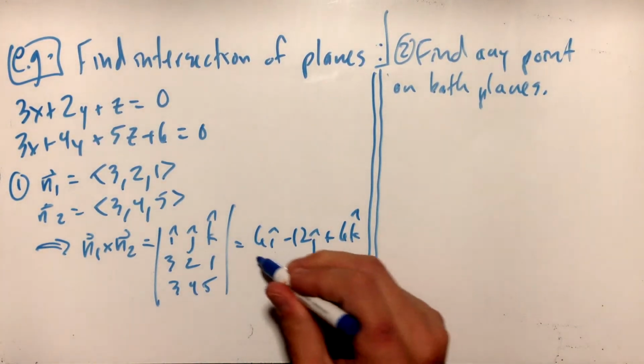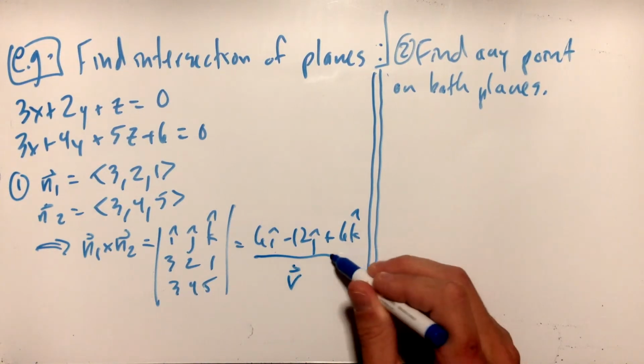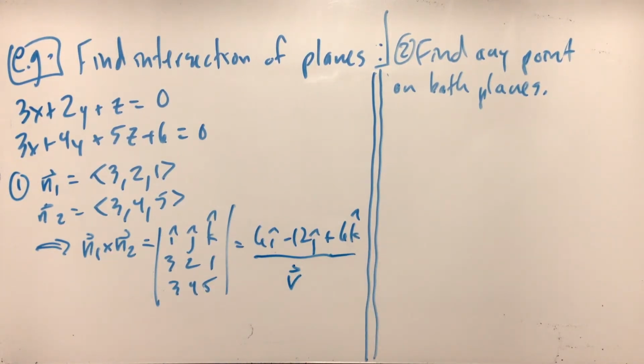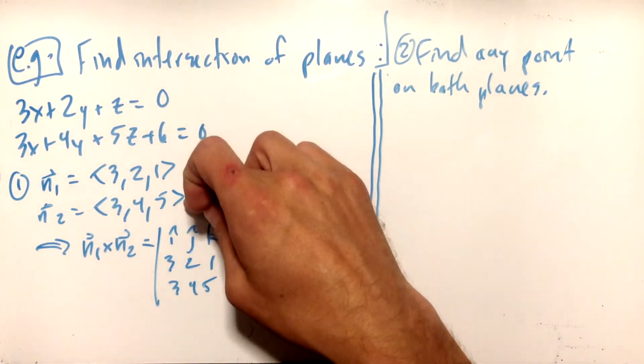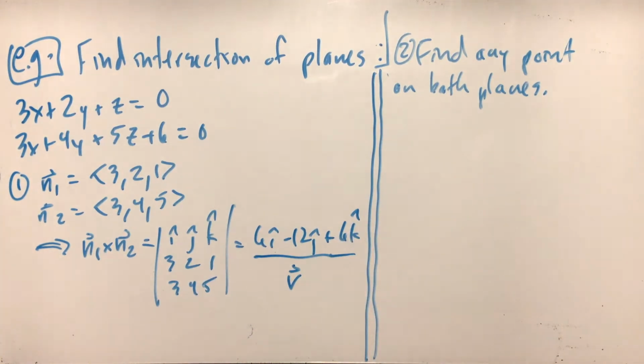So we can let this be equal to what we've been calling v, because the line that is the intersection between the two planes, since it lies on the planes, has to be perpendicular to both of these normal vectors. And so there you go, you get a direction vector from this.